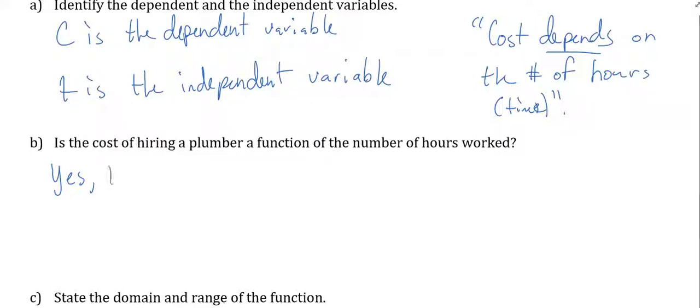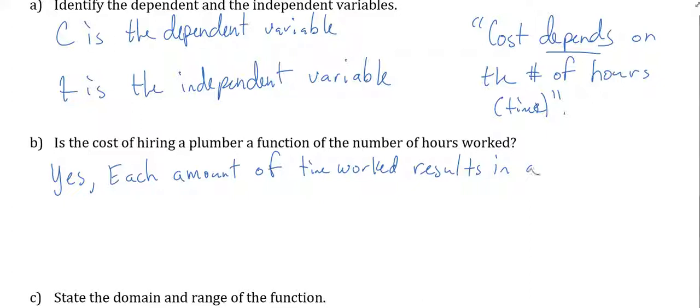But also, if you think about it, each amount of time worked results in a different total cost. You work for 1 hour, it's going to cost one thing. You work for 2 hours, it's going to cost something else.